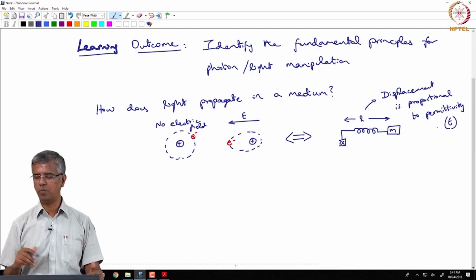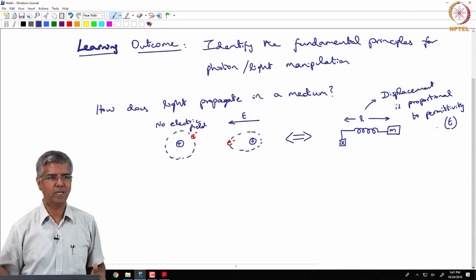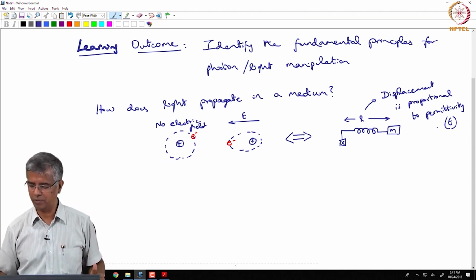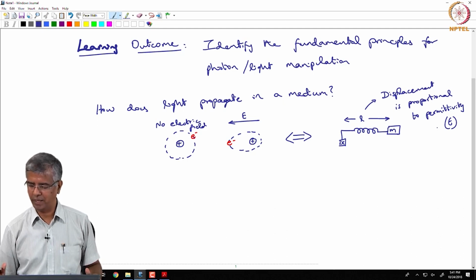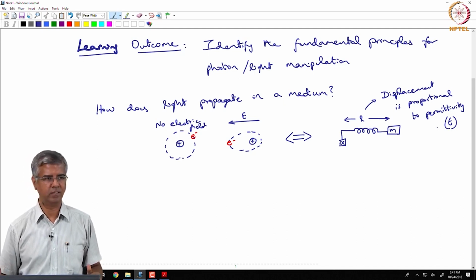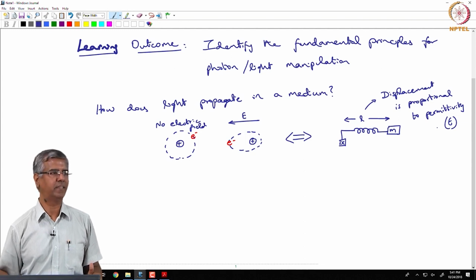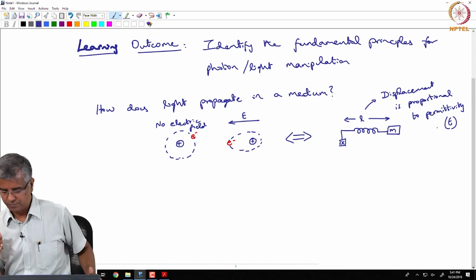So, all along you have been taking some value of epsilon for a material, and that permittivity is nothing but the response of the medium to an applied electromagnetic field, okay, electromagnetic wave.